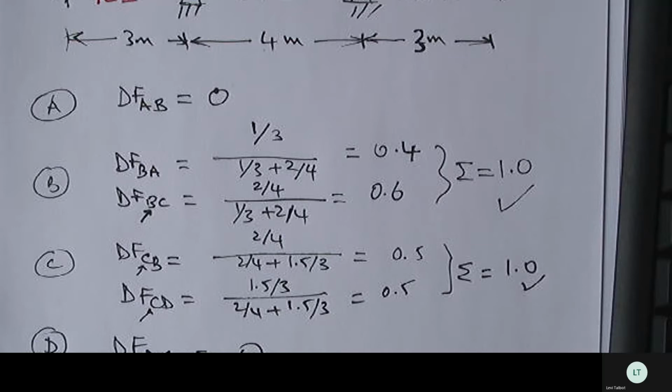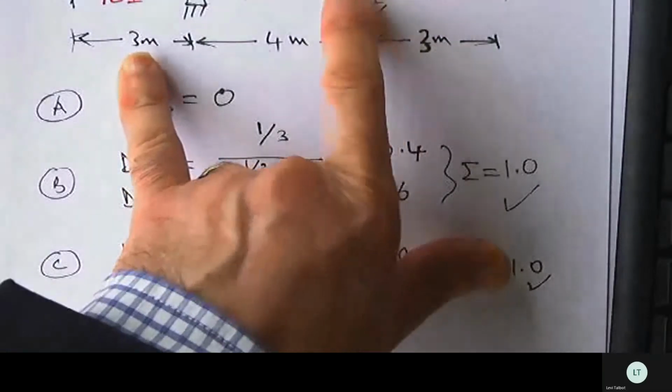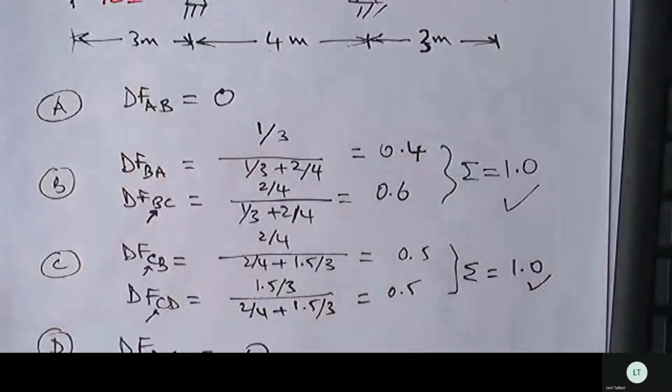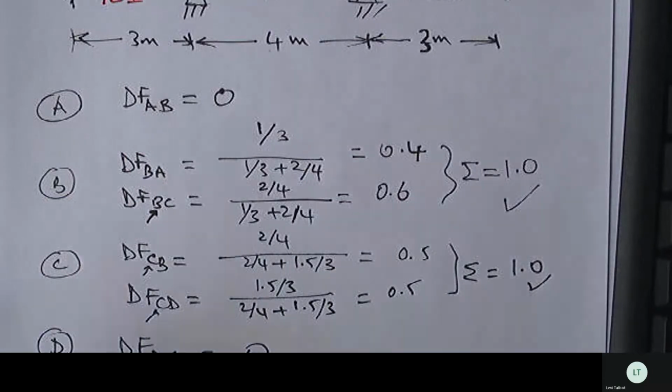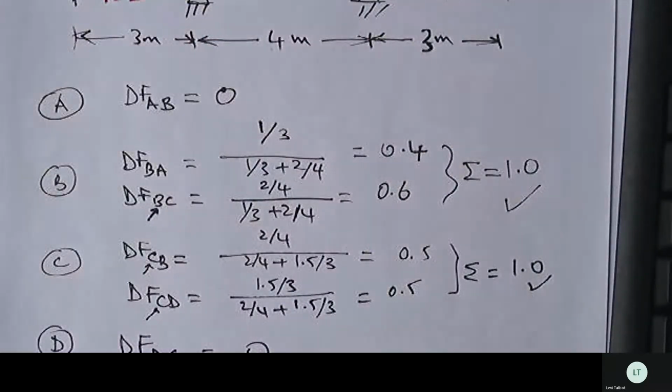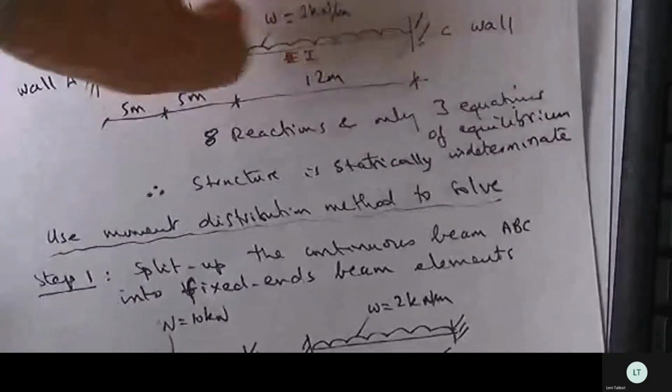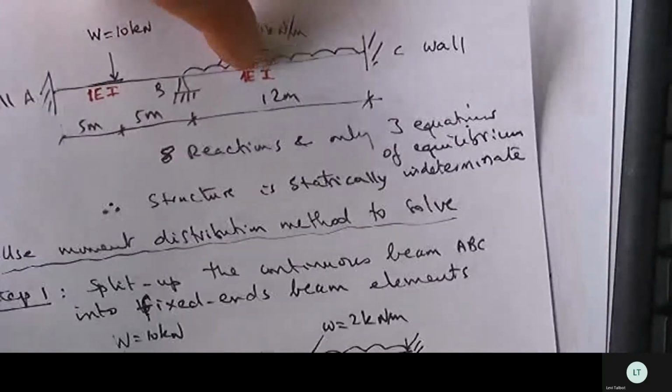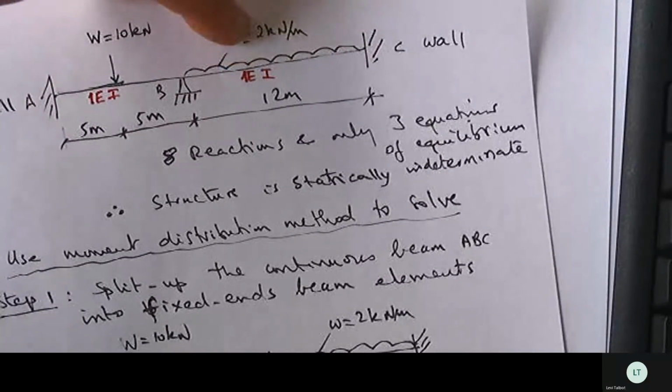So whenever you have any beams, as long as you know the span and you know the flexural rigidities, you should be able to determine the fixed end moments and the distribution factors at each of the joints using the equation. In our example, it's the same EI that we have for both of them. If I change the values here, everything else will change, right?